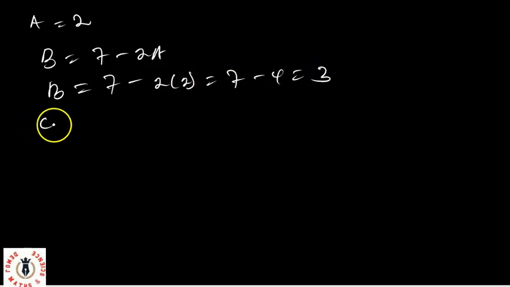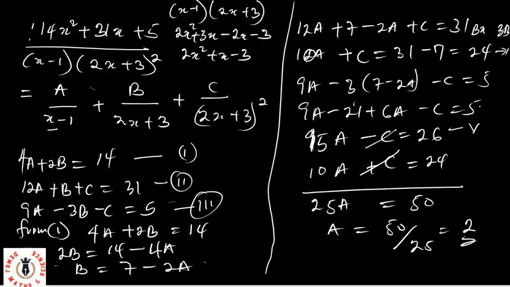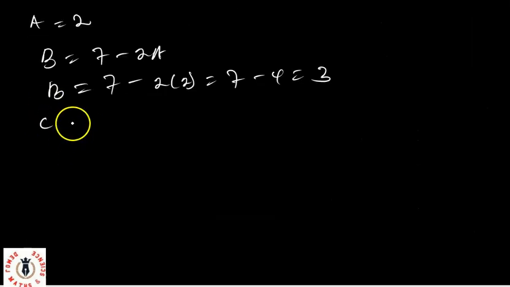And c now, let's solve for c. We can solve for c in equation 2. Equation 2 says 12a plus b plus c is equal to 31.